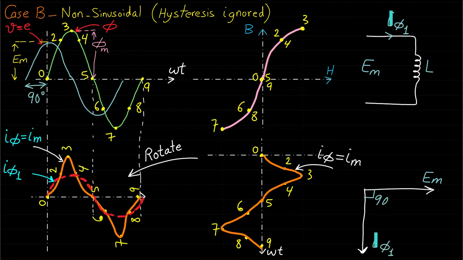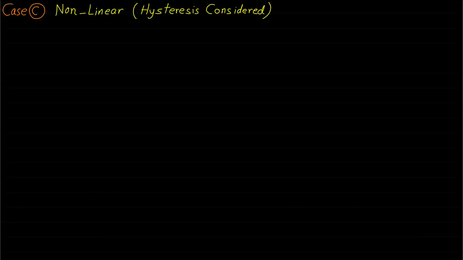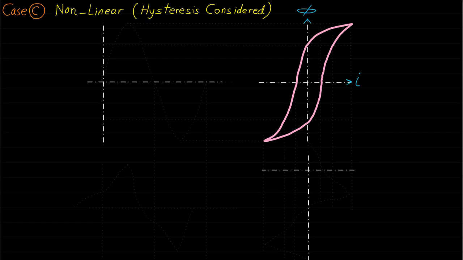As you can see from the vector diagram, the fundamental component of the magnetic field is lagging the voltage by 90 degrees.